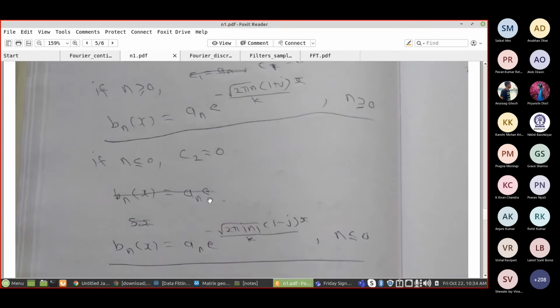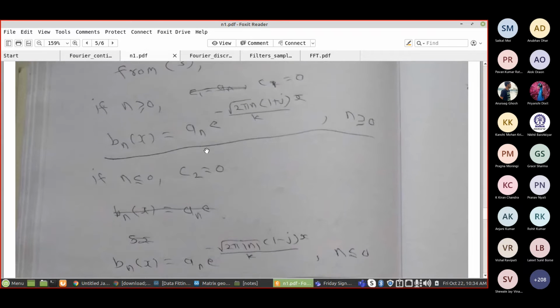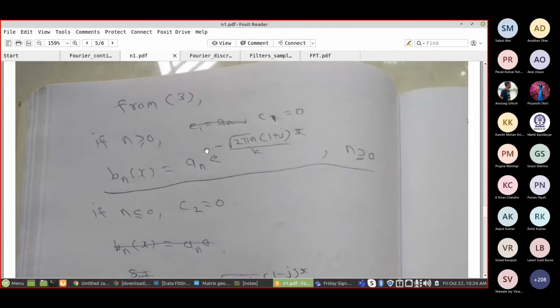So this is how you get these two solutions for n greater than or equal to 0 and n less than or equal to 0. For n equal to 0, you get An. So they stay the same.